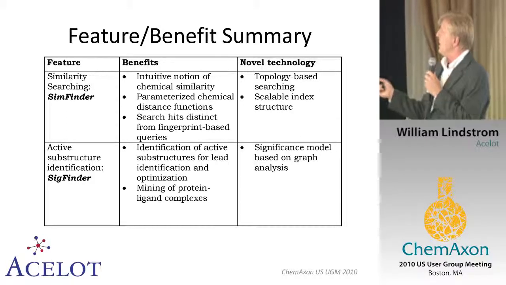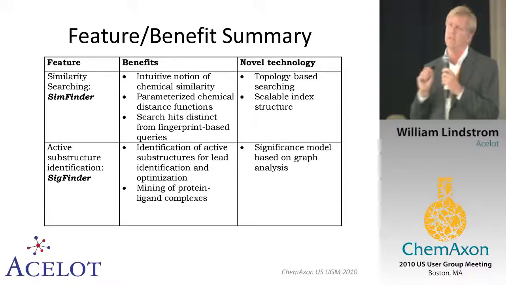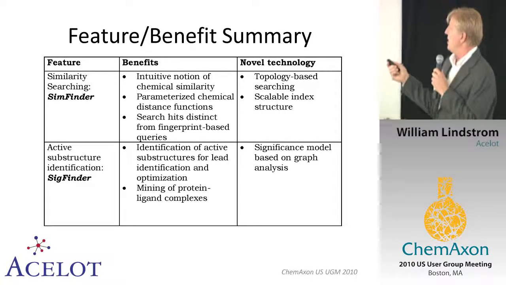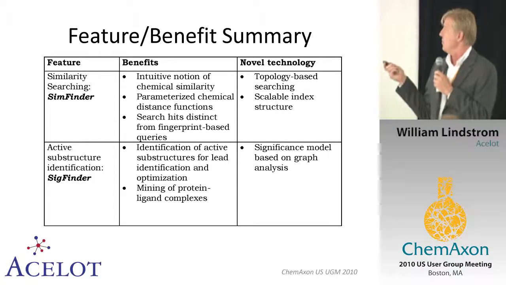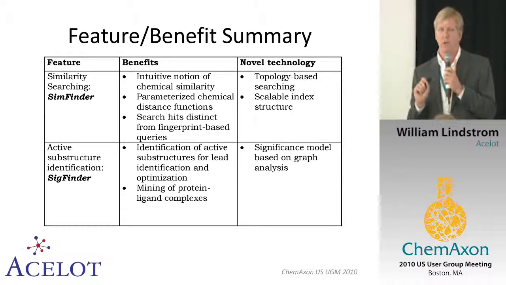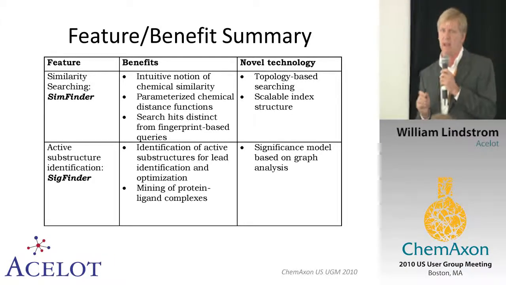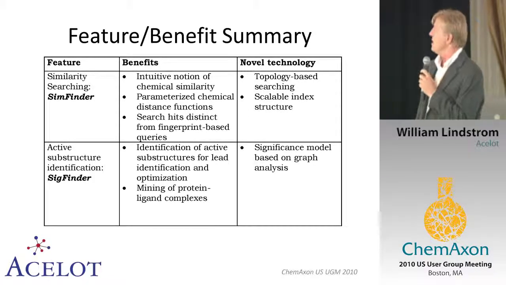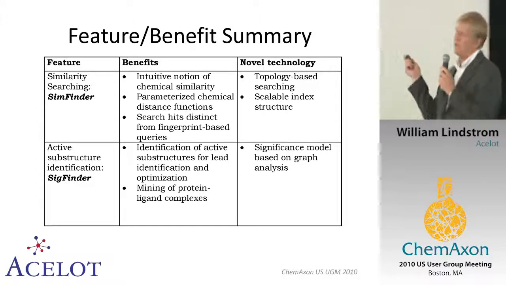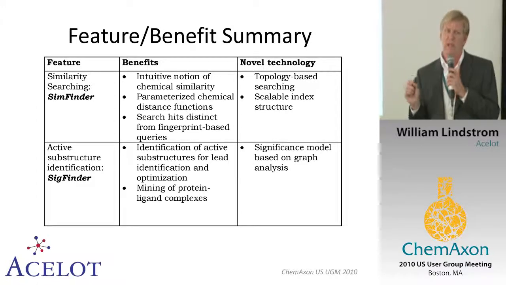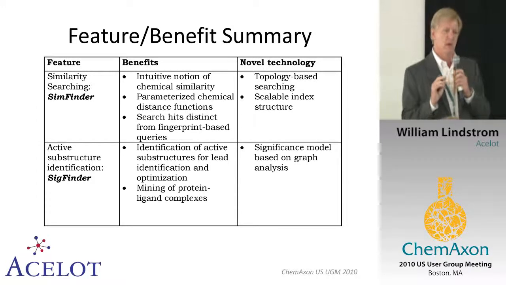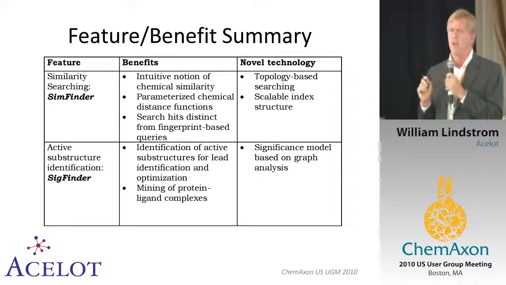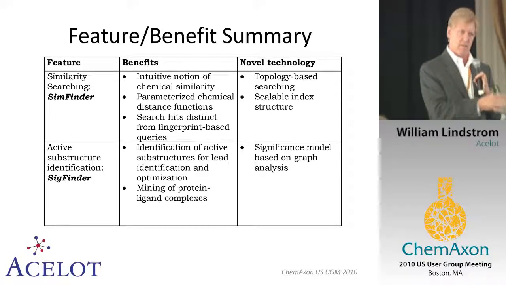So for similarity search, we see this as sort of a side-by-side companion to fingerprint-based searches. We can parameterize the distance function that we use for chemical similarity, and that can be helpful on a project-per-project basis. The other advantage I want to point out is that the hits that we get out of a similarity search from our topological-based search are distinct from those that we see out of a fingerprint.